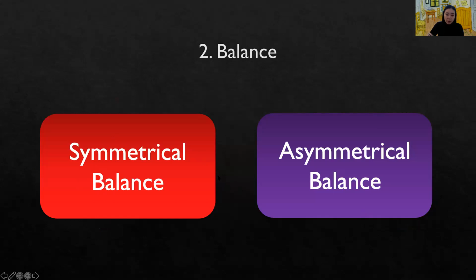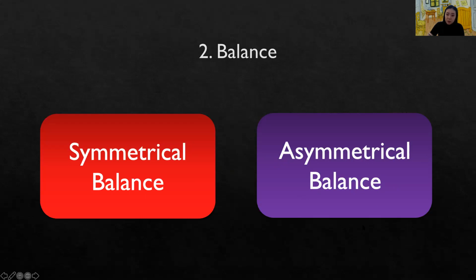Symmetrical balance is the mirror image of shapes or forms on either side of an imaginary axial dividing line. And the asymmetrical balance is two sides that do not correspond to one another in size, shape, and placement.